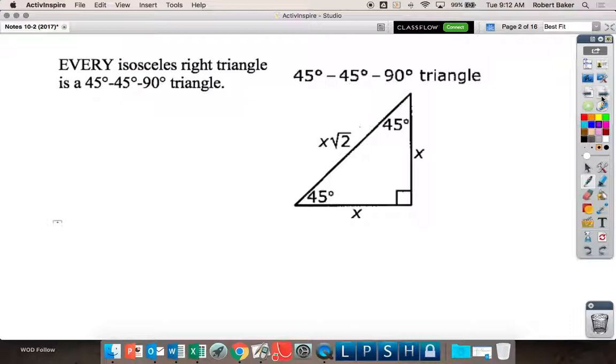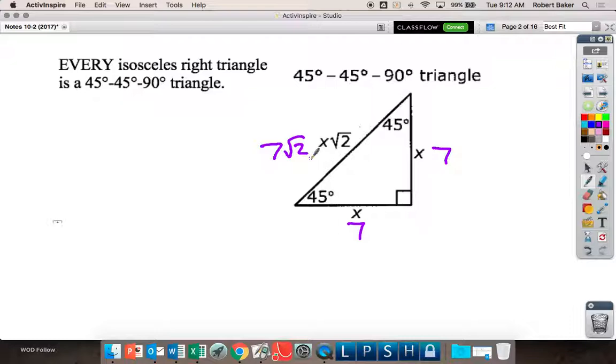So if x is 7, that means this side's 7, this side's 7, and this side is 7 square root of 2. Hooray! Because it goes x, x, x square root of 2. It goes number, number, number with the square root of 2.